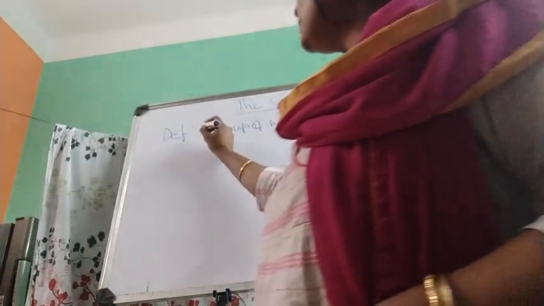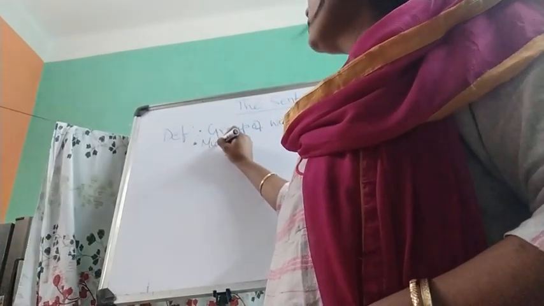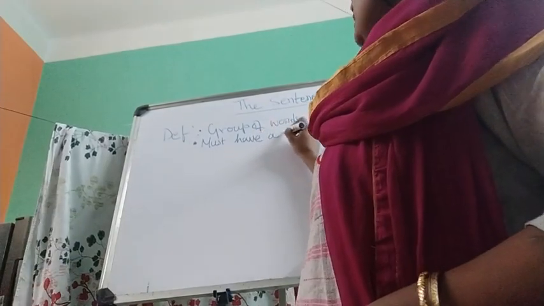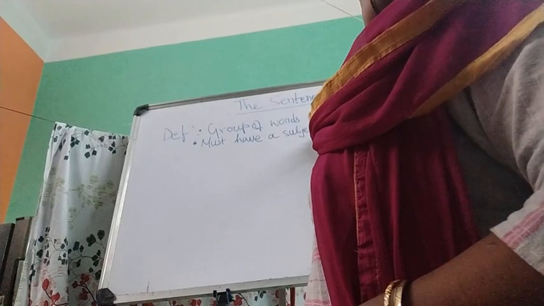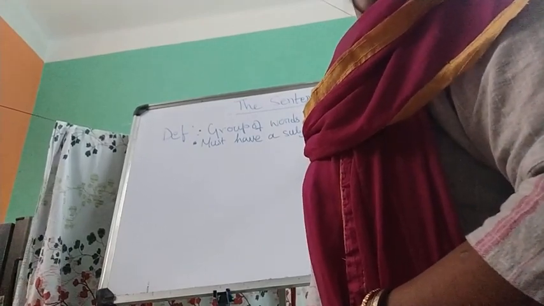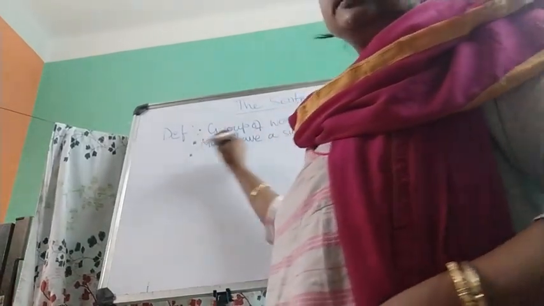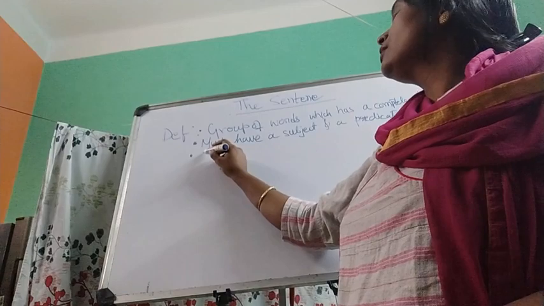Now, the second point is, it must have a subject and a predicate. And another integral part of a sentence is to have a verb.